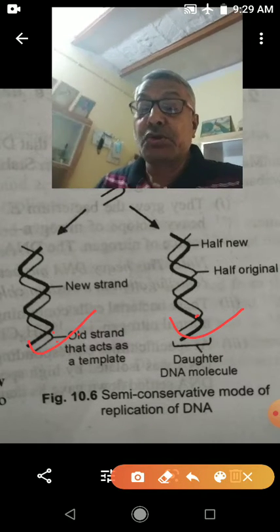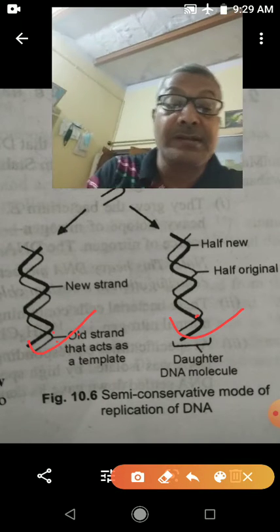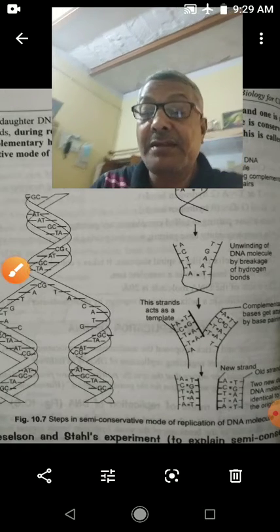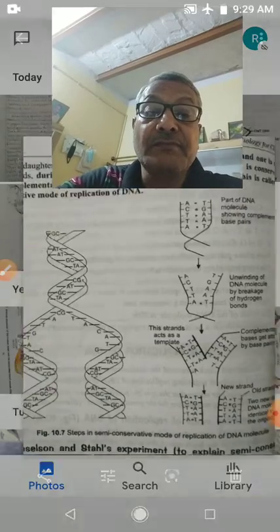According to Watson and Crick, the two strands of the DNA molecule unwind.